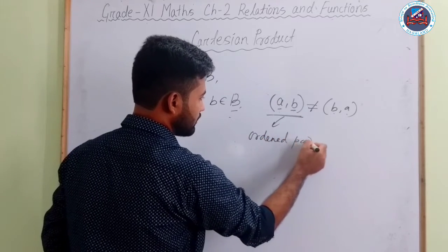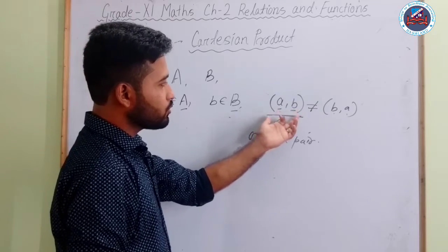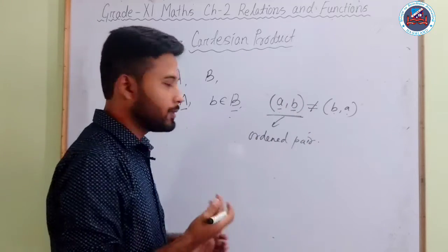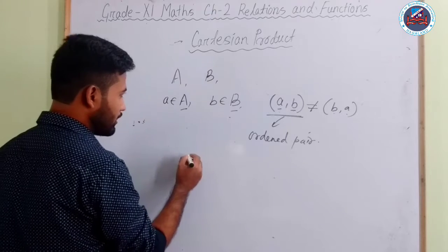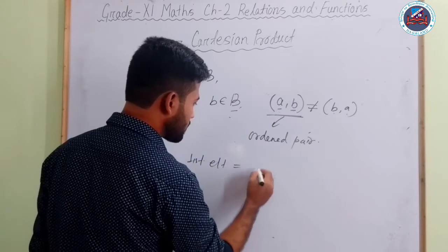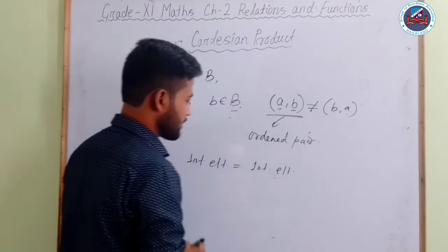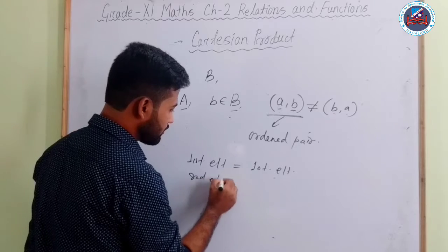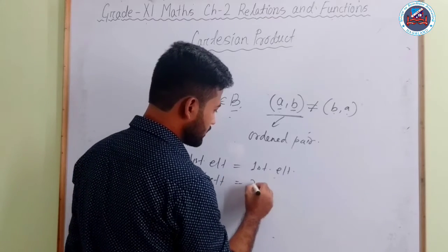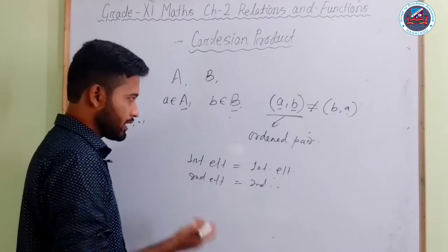So this is called the ordered pair. Now if I want to say that two ordered pairs are equal, then what must happen? The first element must be equal to the first element of the corresponding pair, and the second element must be equal to the second element of the corresponding pair.